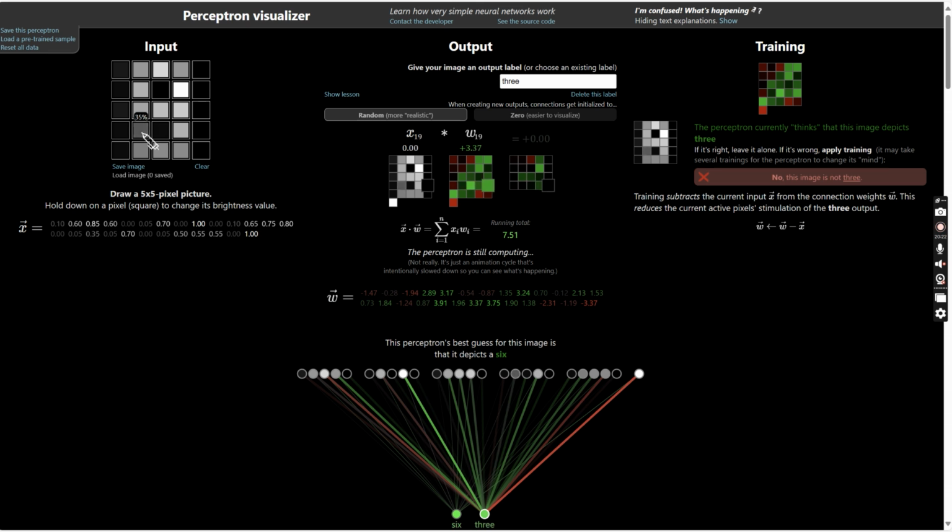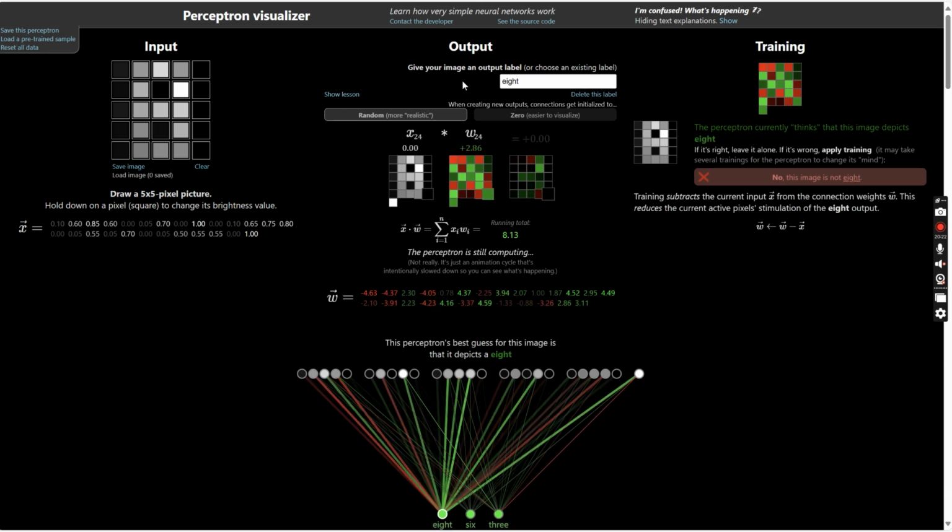Now I will add a few more. I will make this image as 8. Now see, different neurons got activated, different weights, and weights can be negative, by the way. So you're adding, subtracting, something is happening here based on the brightness. Here 60% brightness. If I alter this to 100%, if I keep everything 100%, it should give me the best results.